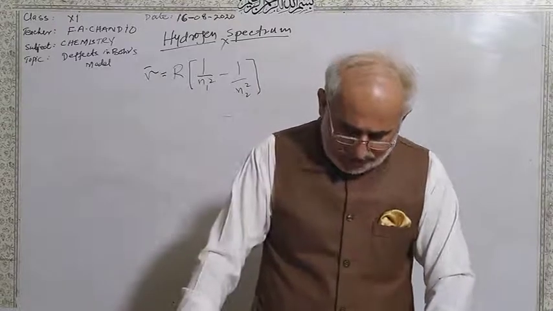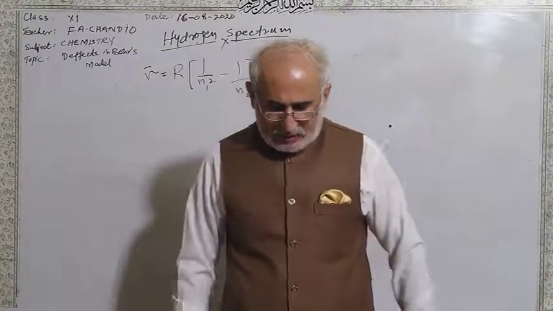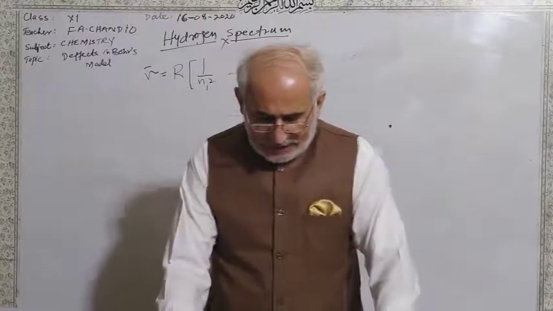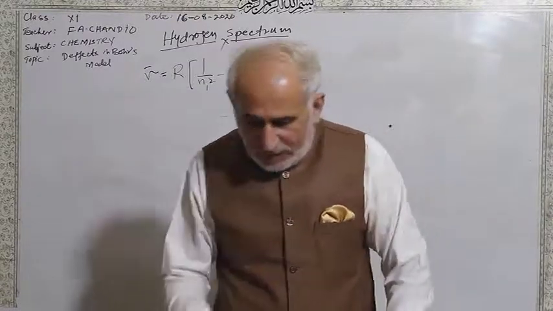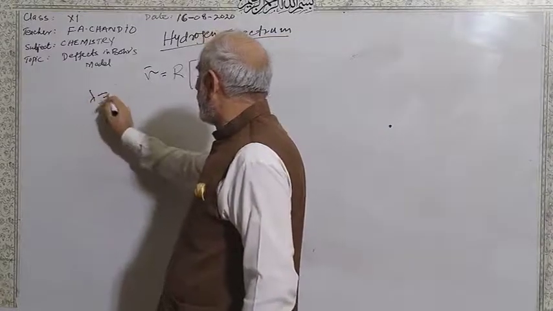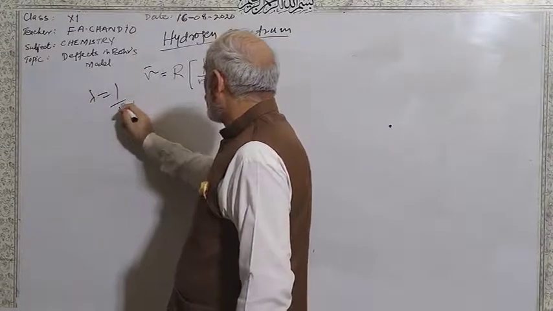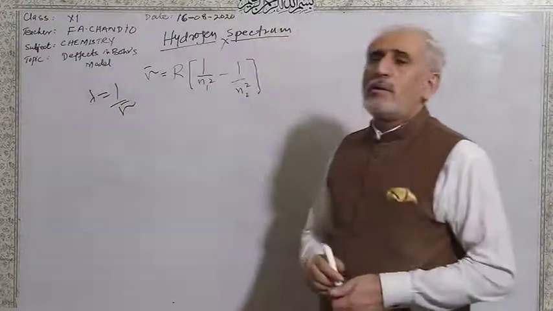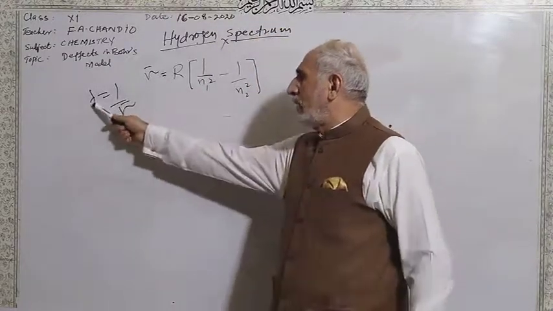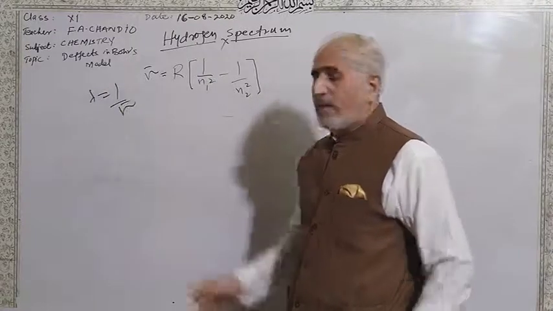So dear students, with these equations, Bohr was able to predict the wavelength, because wavelength is inversely proportional to wave number. If you have a wave number, then wavelength lambda is 1 over wave number.